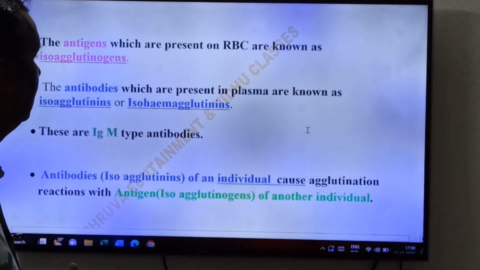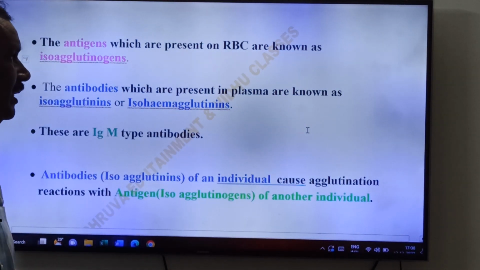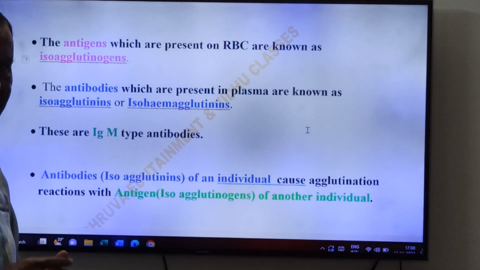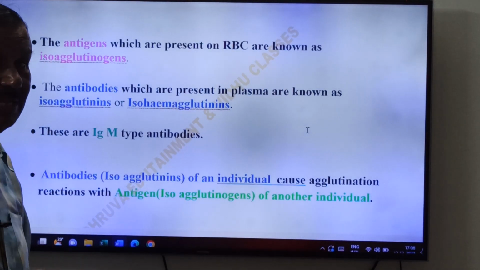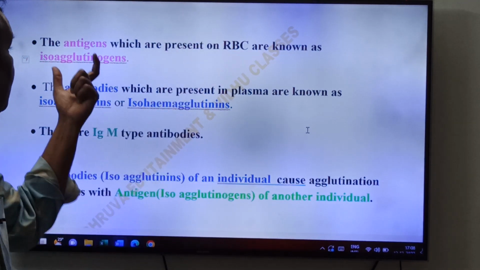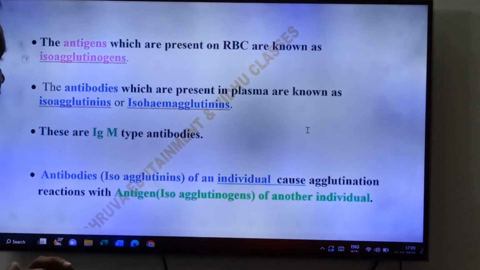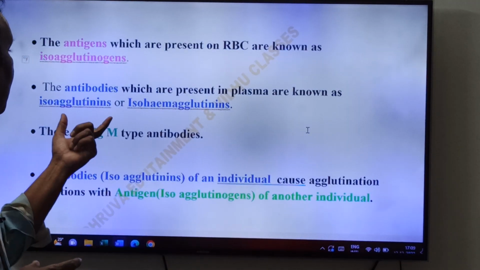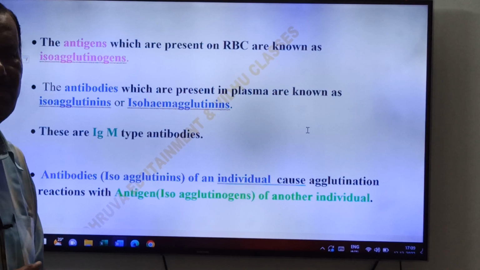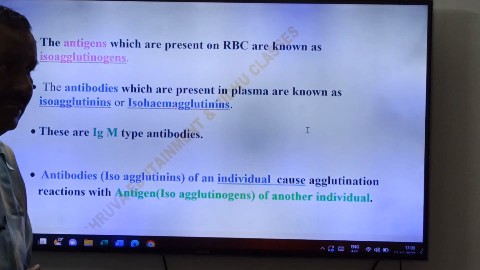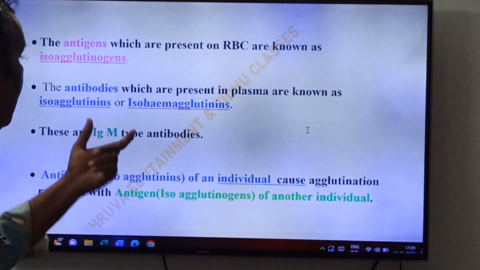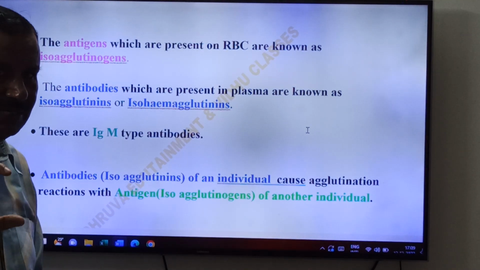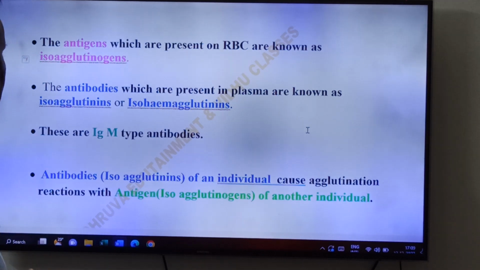Now friends, the antigens present on the plasma lemma of the RBC are known as isoagglutinogens. The antibodies present in the plasma are known as isoagglutinins, also called isohemoagglutinins.